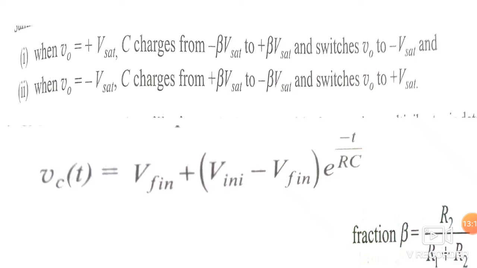Now the charging and discharging of a capacitor is defined by this formula. So we can define one half cycle by applying this formula.